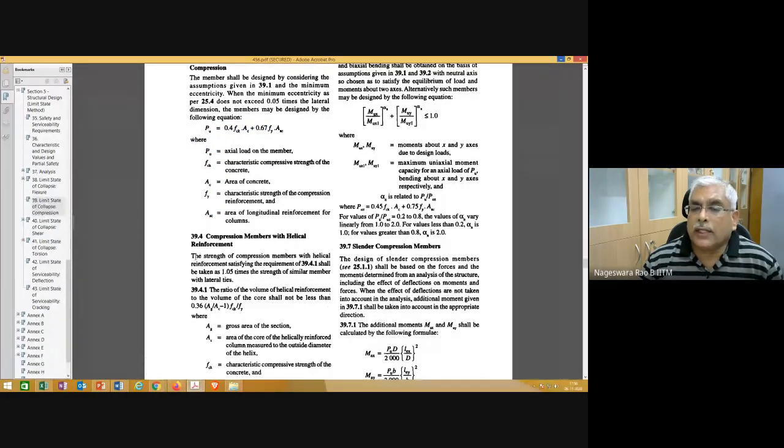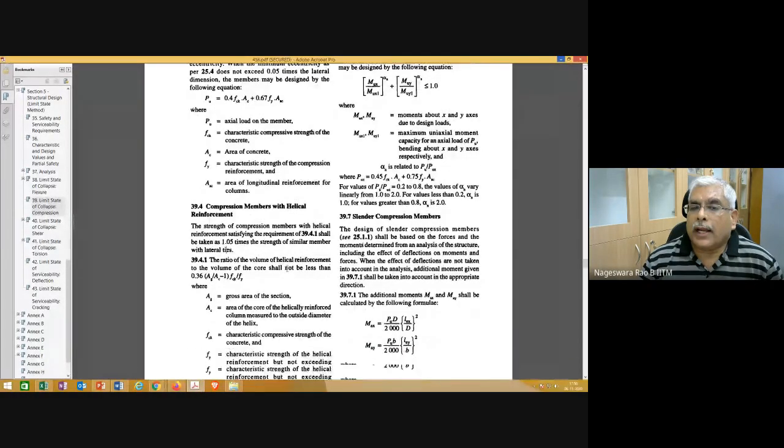The strength of the compression member with helical reinforcement: if instead of lateral ties you provide helical reinforcement, then you can enhance this capacity, Pu, by 5%. The strength of a compression member with helical reinforcement shall be taken as 1.05 times the strength of similar members with lateral ties.